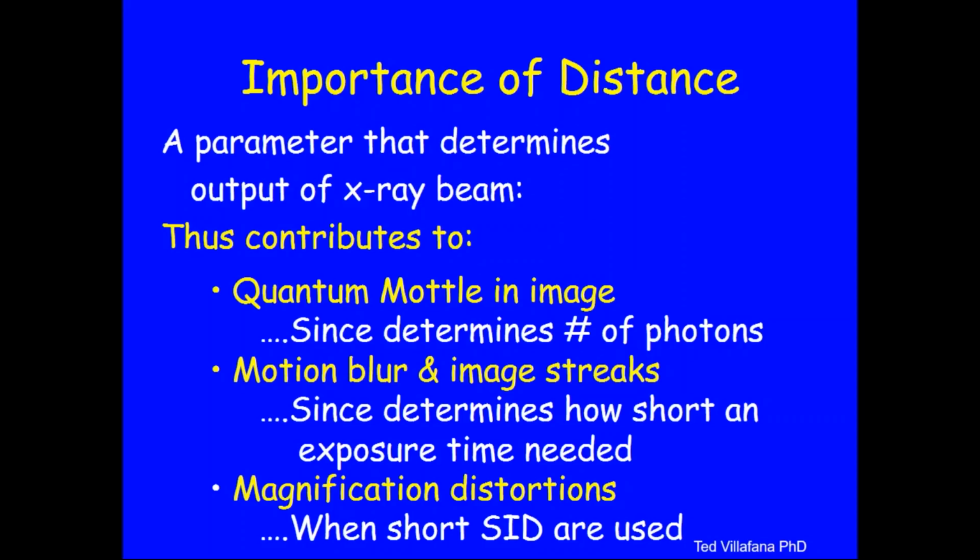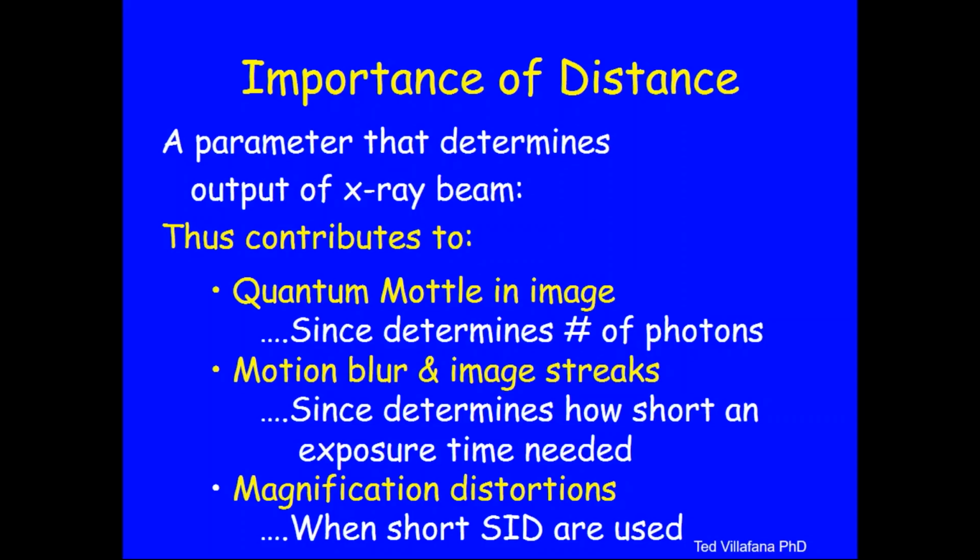Now, if you're relatively far away and there's very few photons arriving at the image plate, well, now we have another problem. And the problem is that you would have to expose a long time to be able to gather enough photons so that the noise doesn't kill you. So if you go further away, there's less radiation that normally will give you more noise.